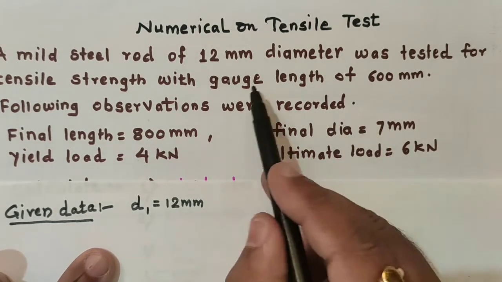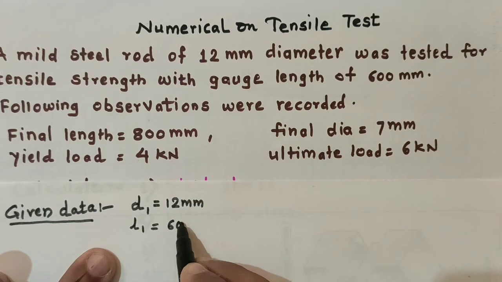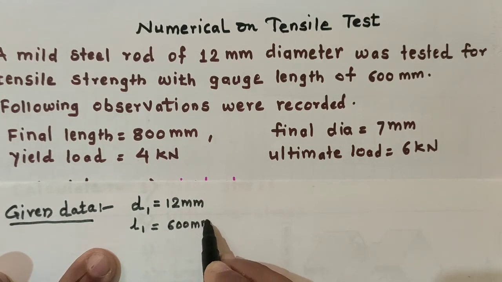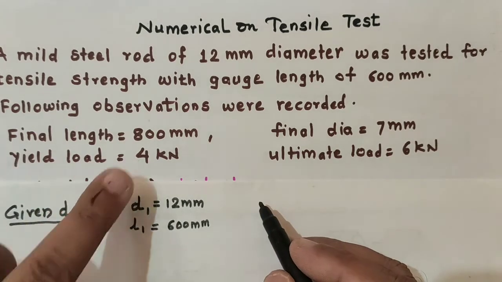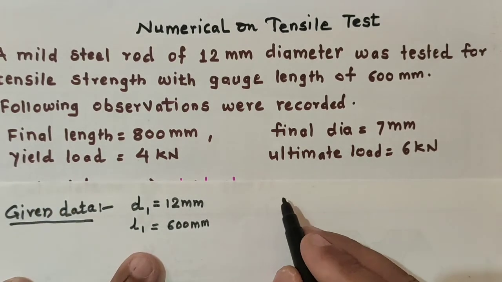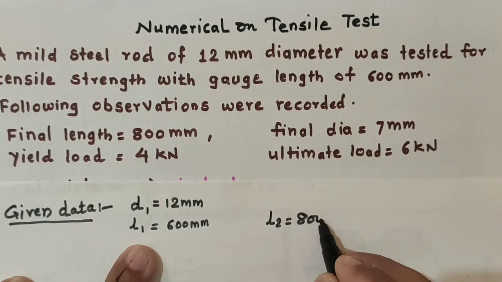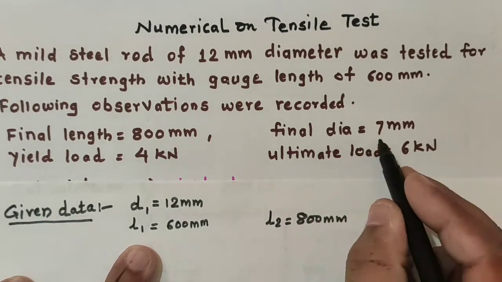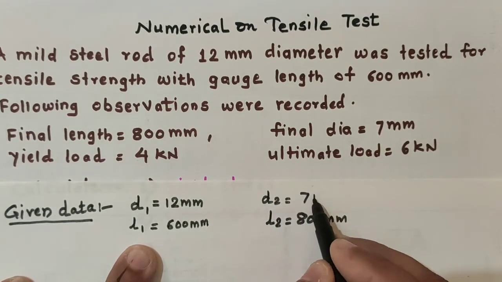Then initial length, that is gauge length, L1 equal to 600 mm. And final length, that is L2, equal to 800 mm. Final diameter is 7 mm, that is D2, 7 mm.